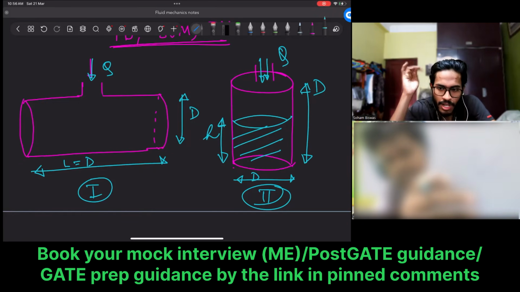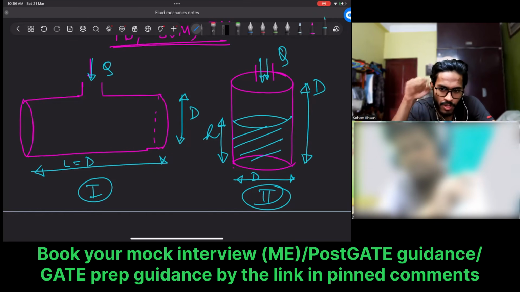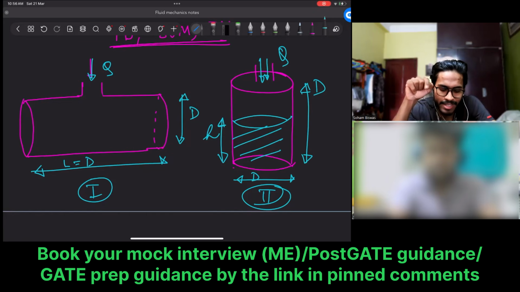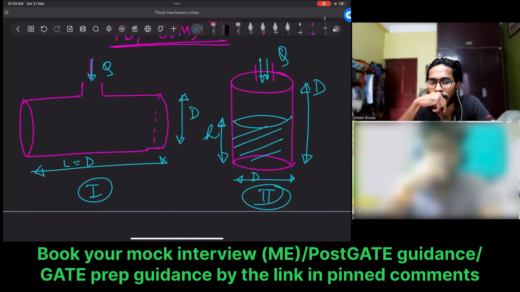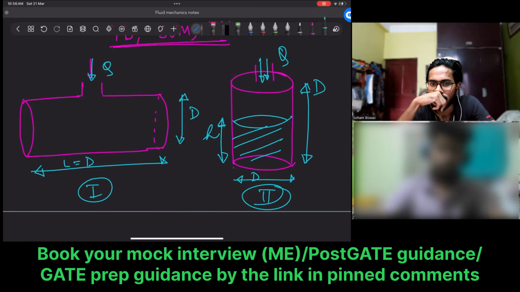Now, on the same H-T plane, you draw the same graph for case 1. Case 1, so A will be varying. Q is constant.